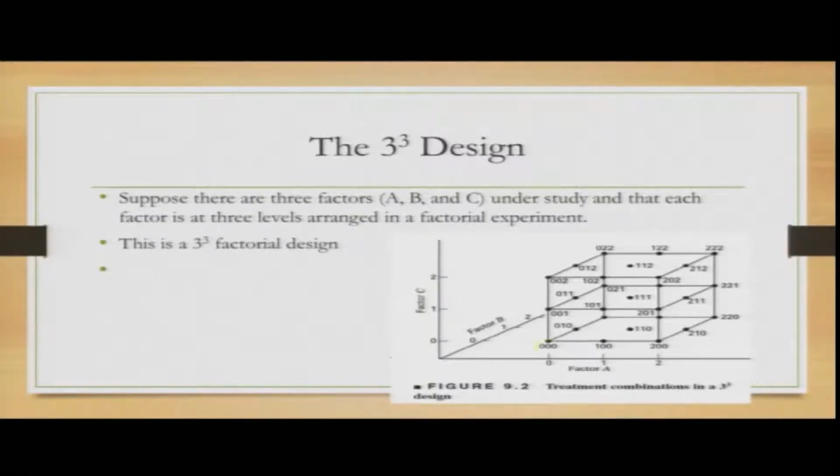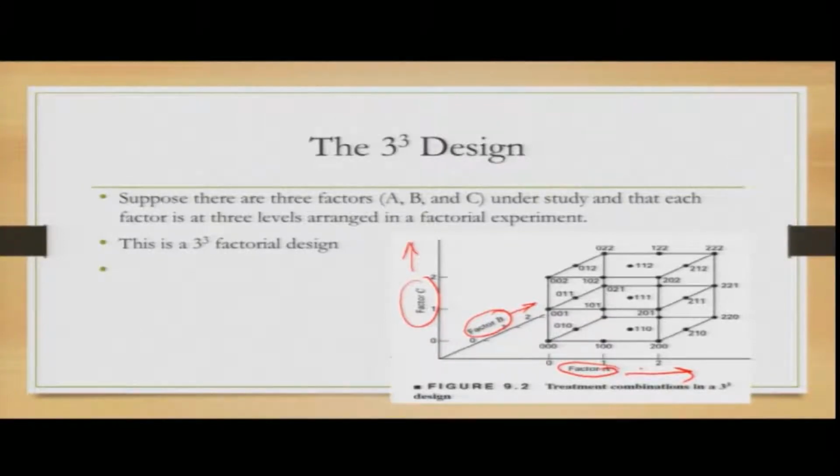So you have 0 0 0, which means they are at the lowest level for each of A, B, C. I am marking it, let me use a different color. A is along X, B is along Y, and Z is for the C.